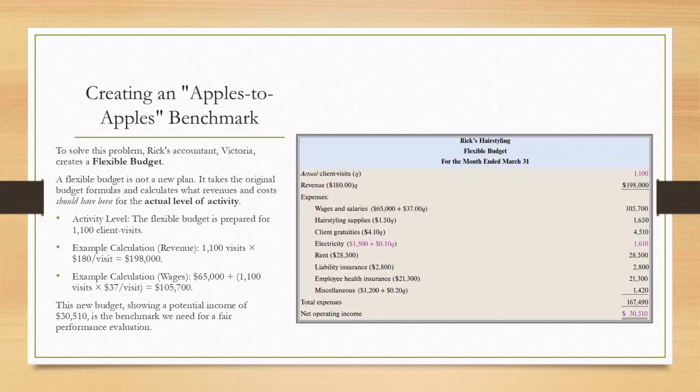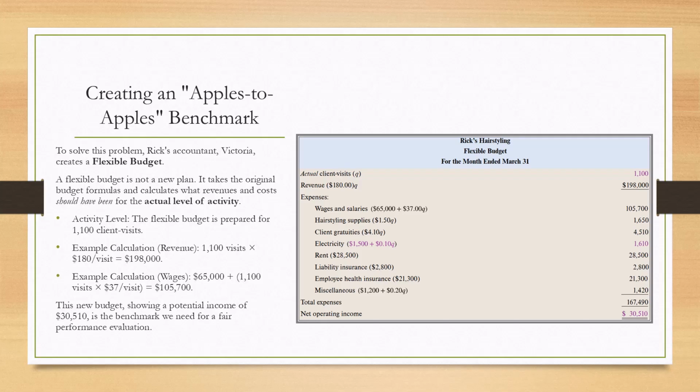So, to solve Rick's apples to oranges problem, his accountant, Victoria, creates a flexible budget. A flexible budget is not a new plan. Instead, it takes the original budget's formulas and recalculates what revenues and costs should have been for the actual level of activity. In this case, the flexible budget is prepared for the 1,100 client visits that actually occurred.